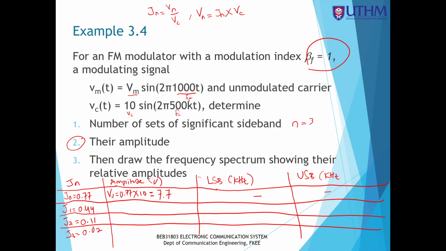And then what? The sideband. The first sideband is 0.44. That means the amplitude V1 is equal to 0.44 multiplied with 10, so we're going to get 4.4 volt. Remember that J0 is located at Fc, so the sidebands are minus and plus.